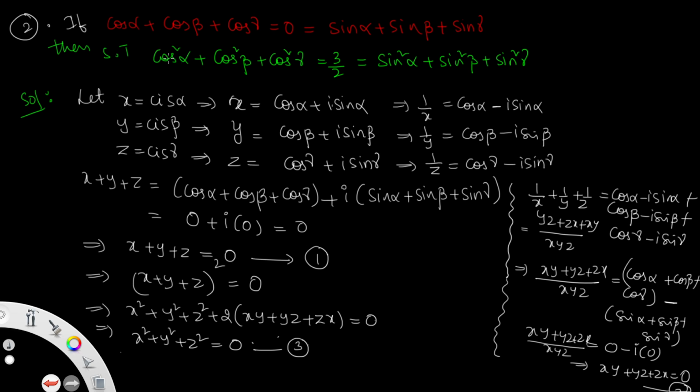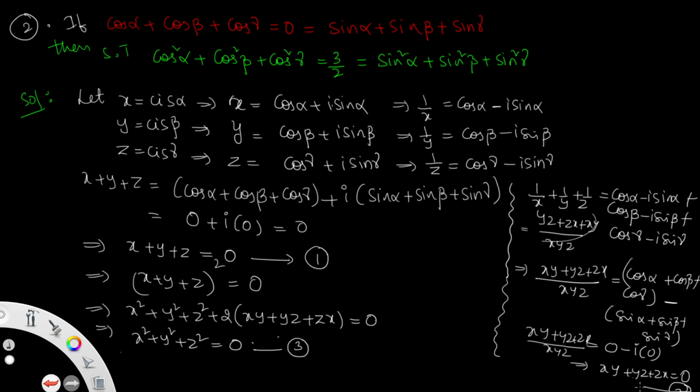It is in the form of a square, so I am squaring on both sides. Before that, you have to write this also: 1 by x plus 1 by y plus 1 by z becomes cos alpha minus i sin alpha plus cos beta minus i sin beta plus cos gamma minus i sin gamma. Taking the LCM for this LHS, you get xy plus yz plus zx by xyz equal to, real parts common and imaginary parts common, which is also given as 0.